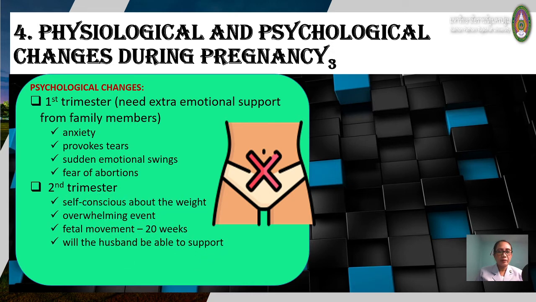For the second trimester, the mother-to-be becomes self-conscious about her weight, which is an overwhelming event. There is little movement that she can feel at 20 weeks, and the husband will give full support to the pregnant wife.